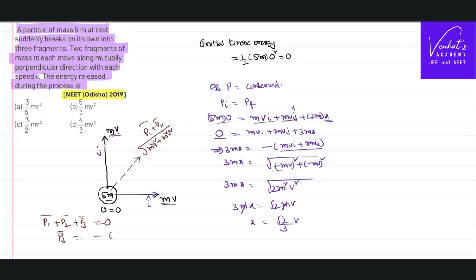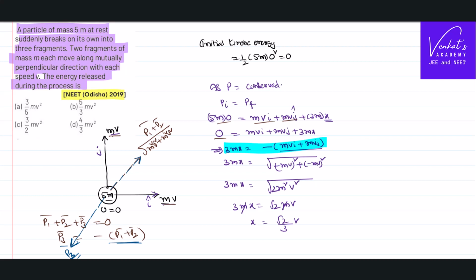So p3 bar equals minus of p1 bar plus p2 bar. This is what we have written here also. I'm just trying to give a visual picture. So P3 has to be opposite to the resultant of these two. This is the direction of your P3. This is how it moves. Though it is not asked in this problem, I'm just trying to create some awareness for you.